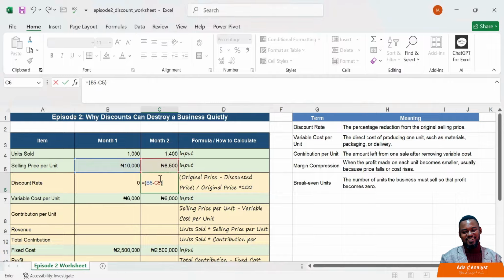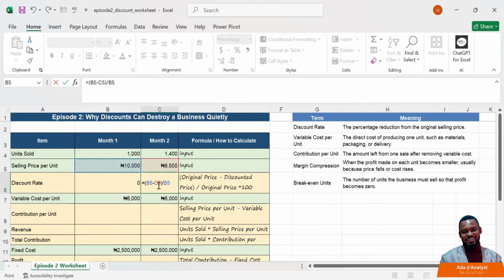The reason here is just a simple mathematical operation where we have to deal with what is in the bracket and divide the answer from the bracket by the original price. So we'll say divide by the original price. Okay, so when we do this, we can hit enter.